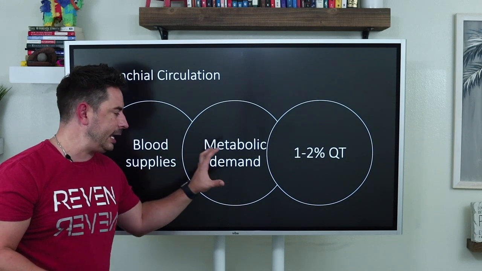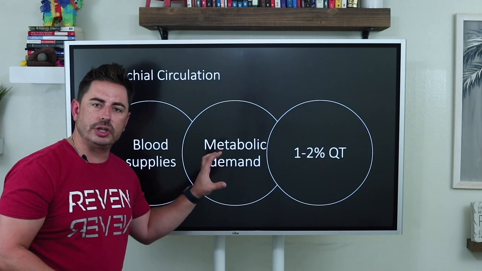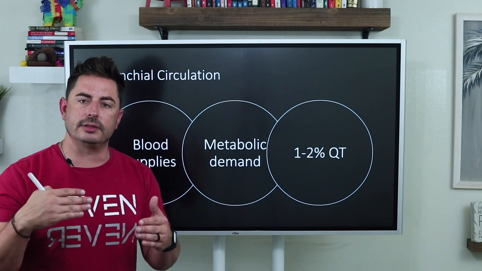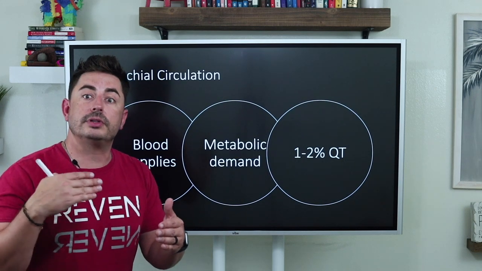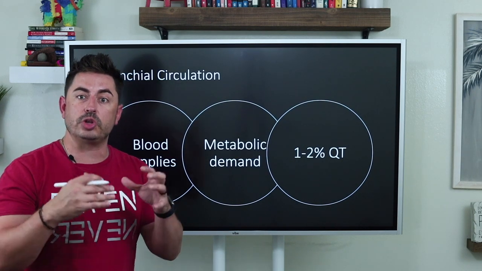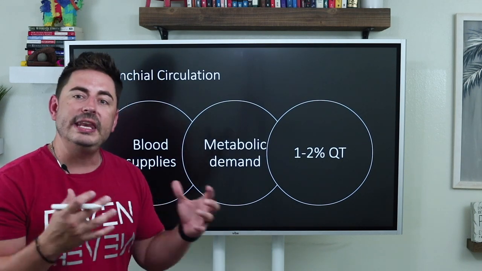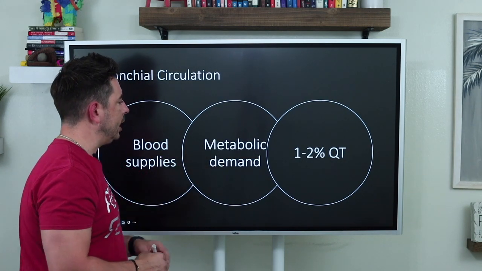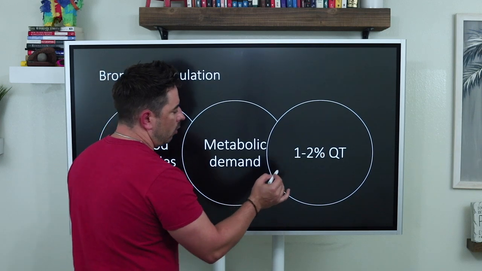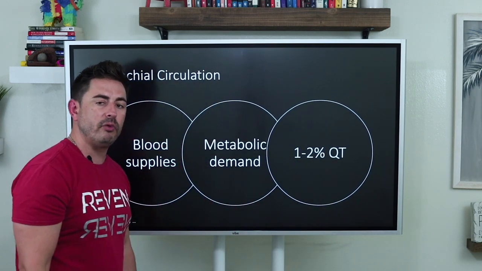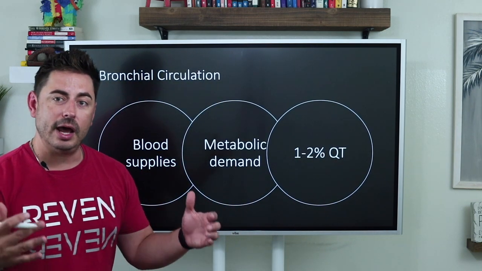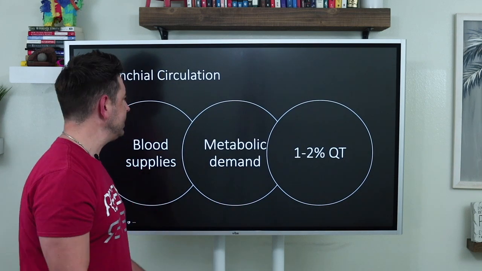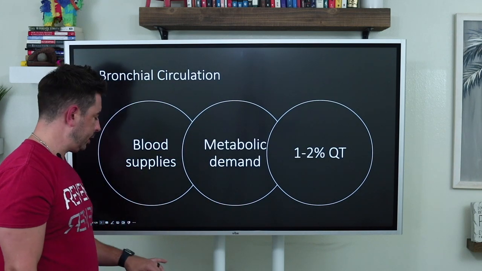We're not getting a lot of action when it comes to the trachea and to the bronchi, and those early generations, they don't need a big supply when it comes to nutrients and blood. It only takes up about 1 to 2% of the overall cardiac output. There's not a whole lot of blood that's being sent to bronchial circulation.